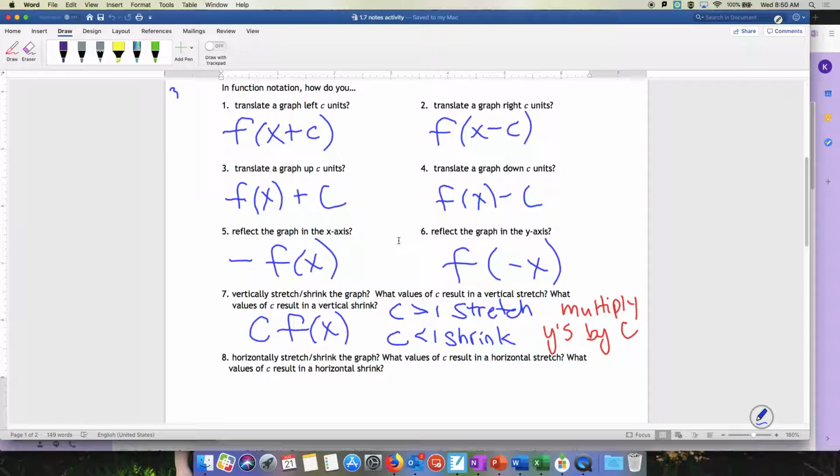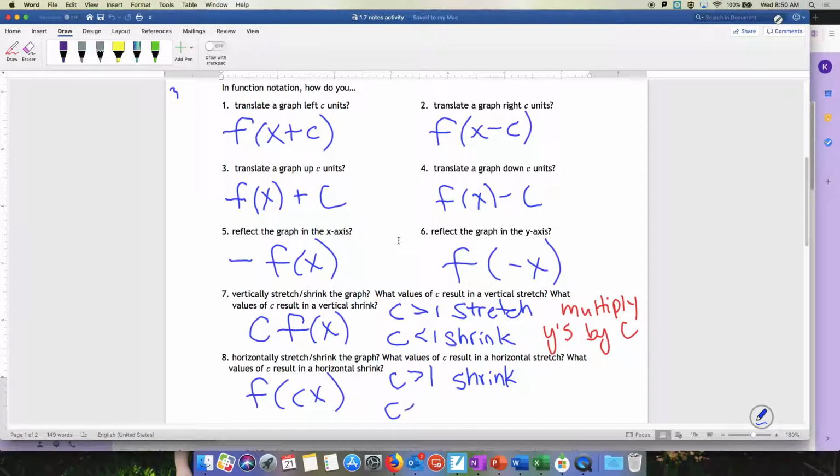Are the rules exactly the same? What do we talk about up here? Inside, everything is opposite, it's backwards, right? So if we want a horizontal stretch or shrink, we're going to have that C multiplied inside. But when C is greater than 1, we have a shrink.